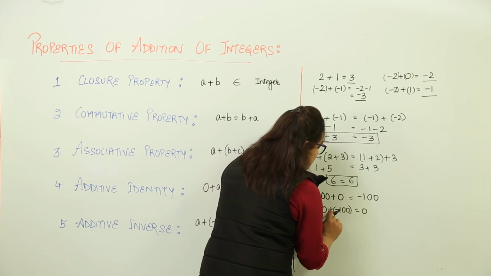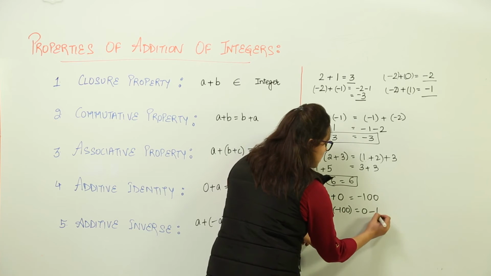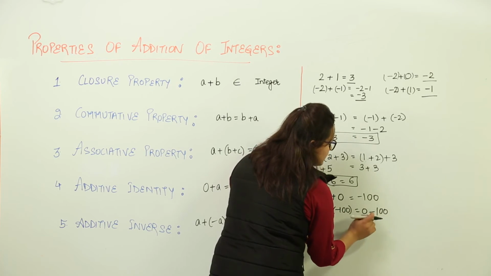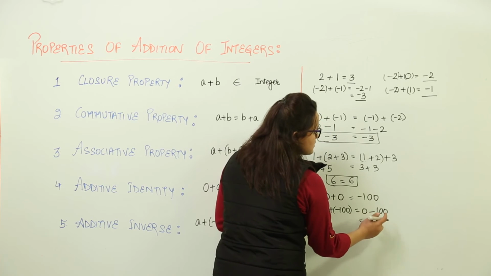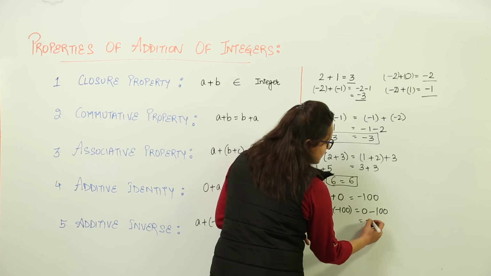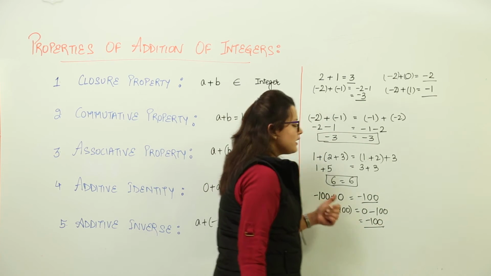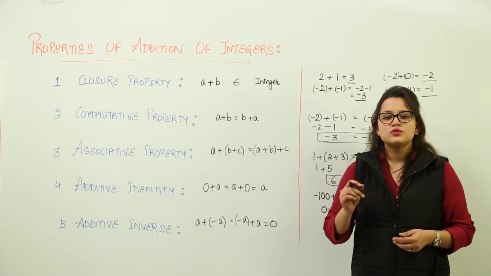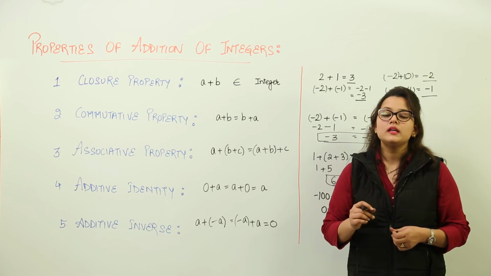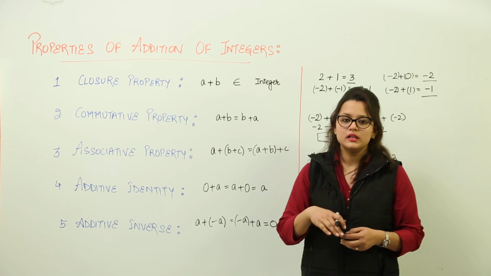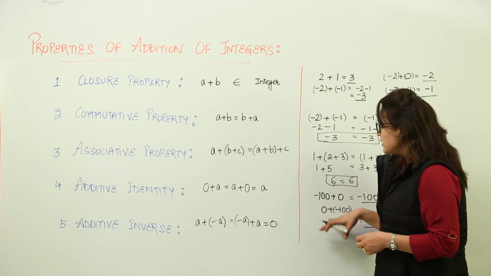You would do 0 plus minus 100, and when from nothing minus 100 is subtracted, you would get minus 100. So here you can check that on adding any integer to 0 or adding 0 to any integer, you would get the same integer.